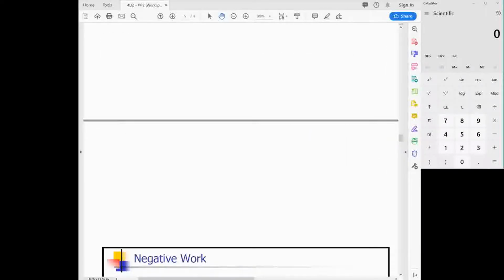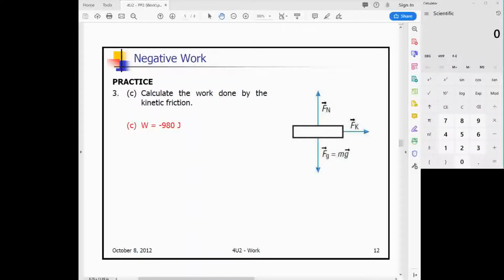So 98 newtons is the force that's applied. Now the toboggan slides 10 meters, so 98 times negative 10, because we're going 10 meters in the opposite direction, gives us a negative 980 joules worth of work.